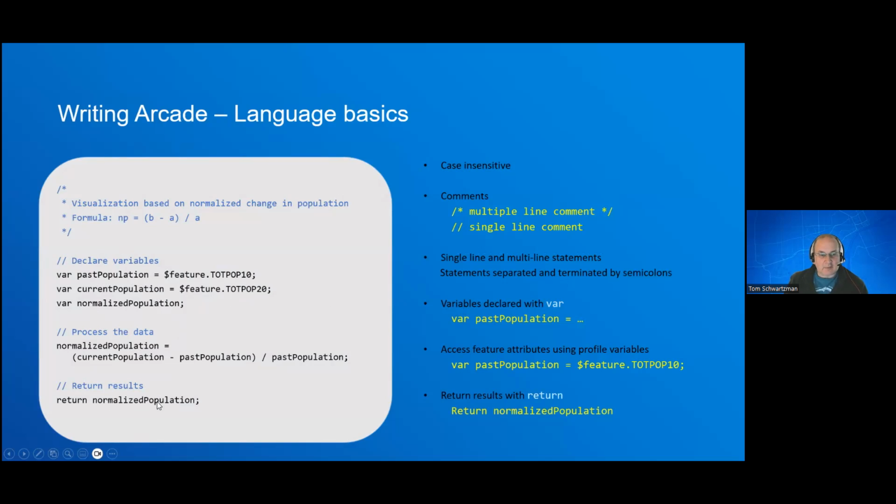In this case, we're going to return that calculation that we did. It's a number in this case. And a couple other things here. Arcade is case insensitive. It doesn't matter if you call something uppercase or lowercase and mix that up in different lines of your code. You can have comments in there. You can declare variables, and ultimately you return something.